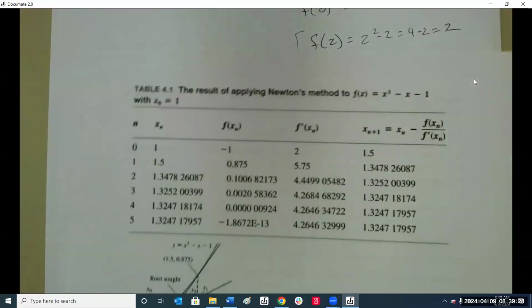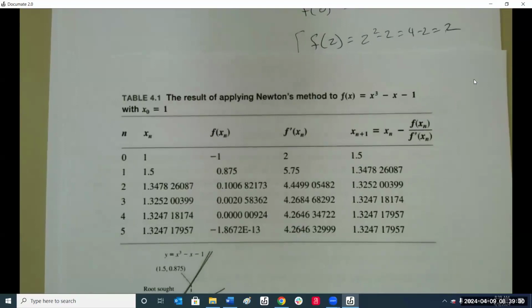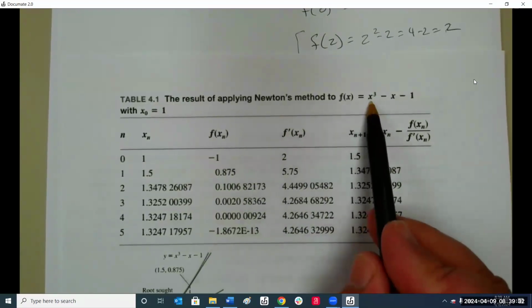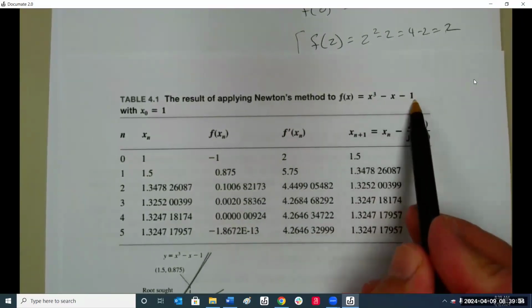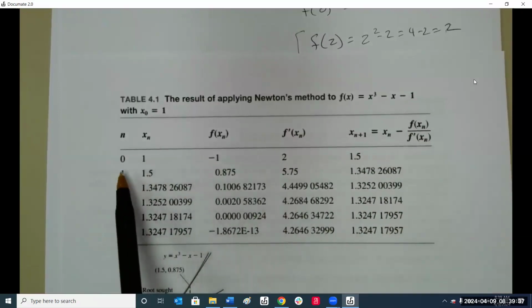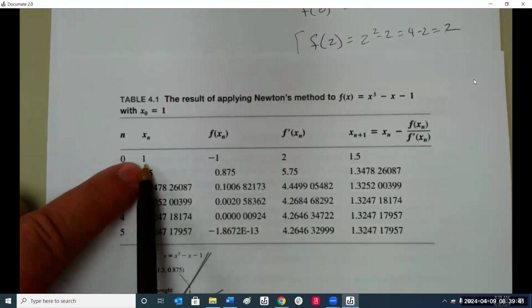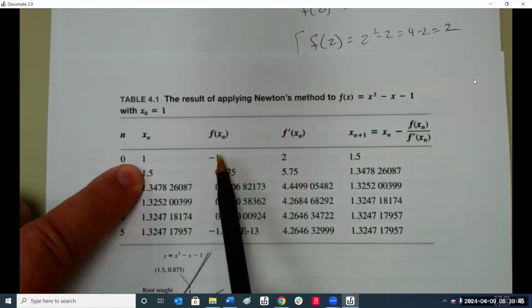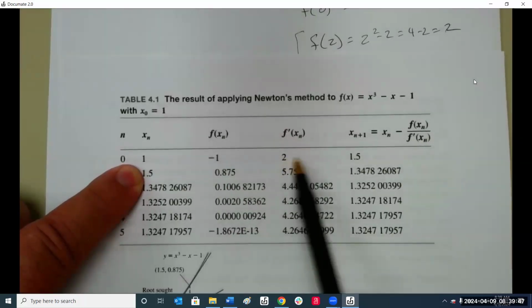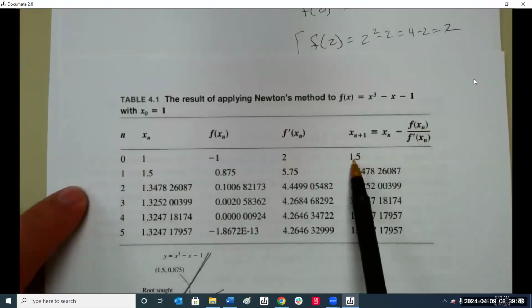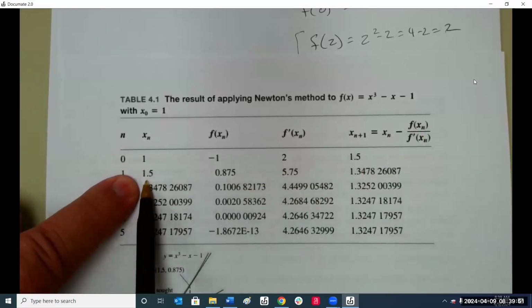This is the table I should have put into yours, something like this. This is for the example x cubed minus x minus 1. These are your iterations. The first iteration is x of 0. You pick a value, 1, for your first x. Plug it into your function and the derivative of the function, and then find your next value.